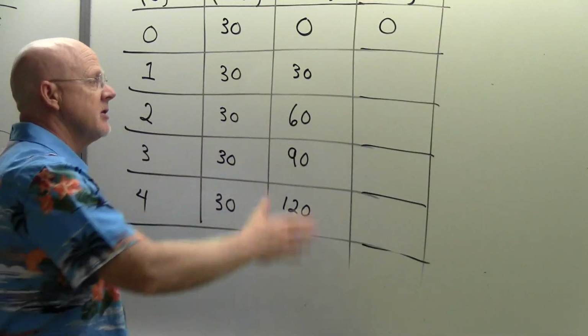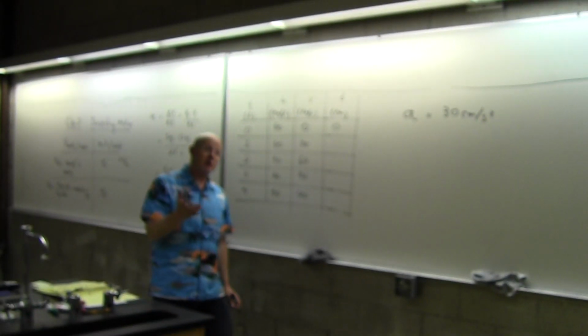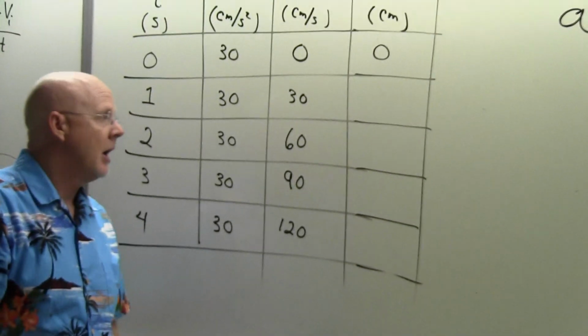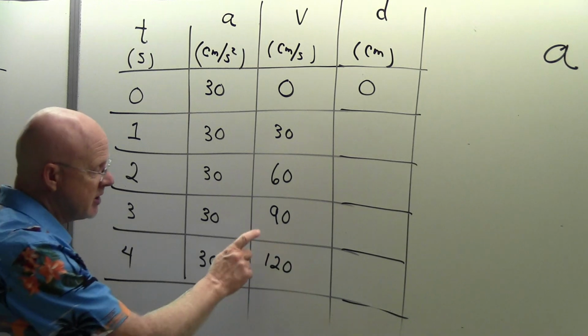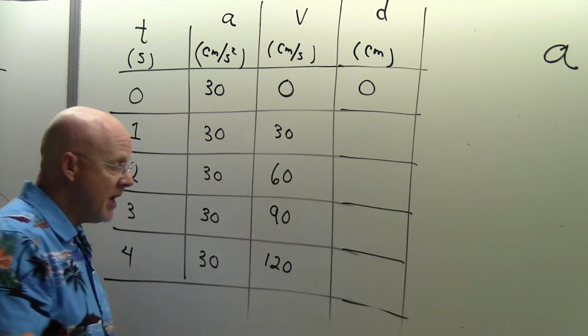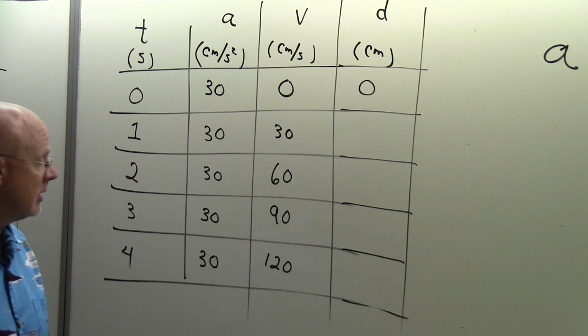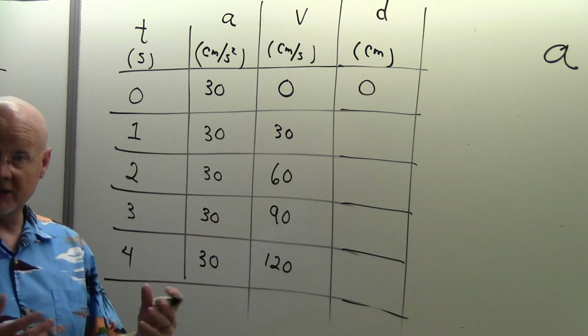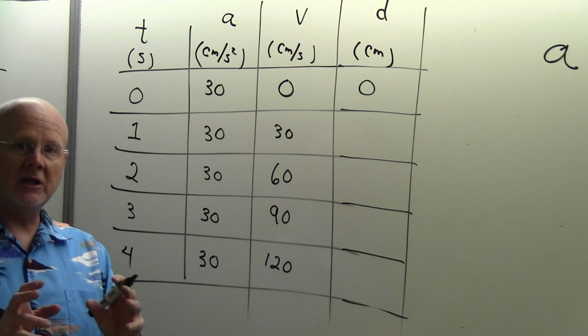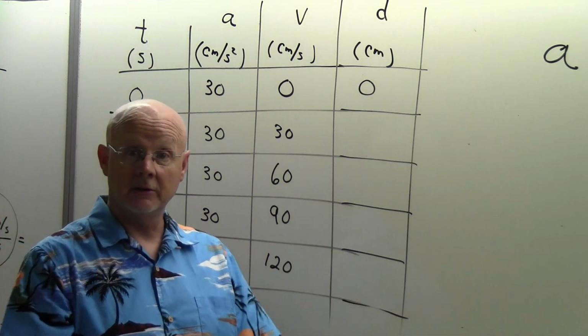Now, I would say I did this column a little bit more conceptually than mathematically. Let me not take the time to do every step. Maybe I'll do this one right here. Maybe a good question to ask would be, what is the speed after 3 seconds using these formulas?